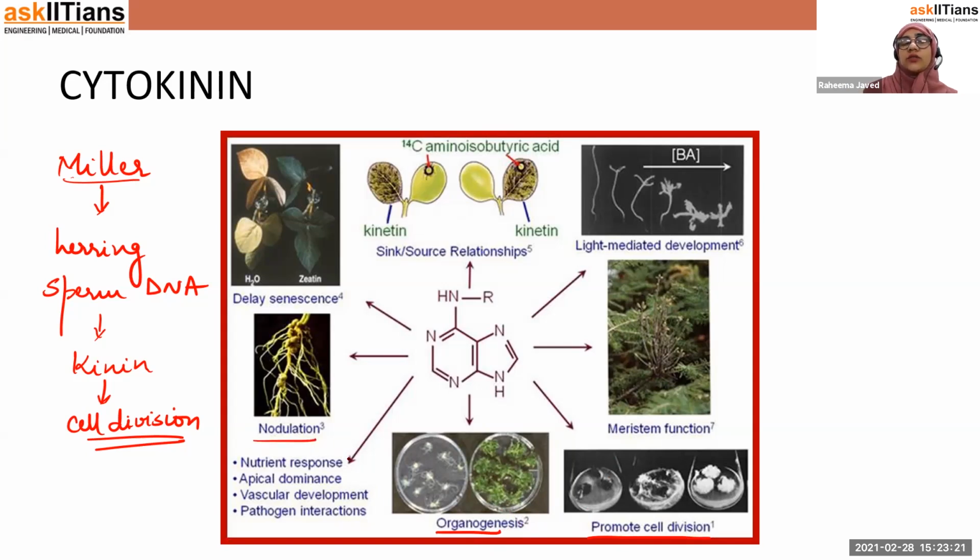Nodulation, as you know, is an important process of nitrogen fixation in legume plants, where the nitrogenous bacteria help in nitrogen fixation, and they live in the nodules of the roots of these plants. It helps in delaying senescence also. Senescence is the old age.